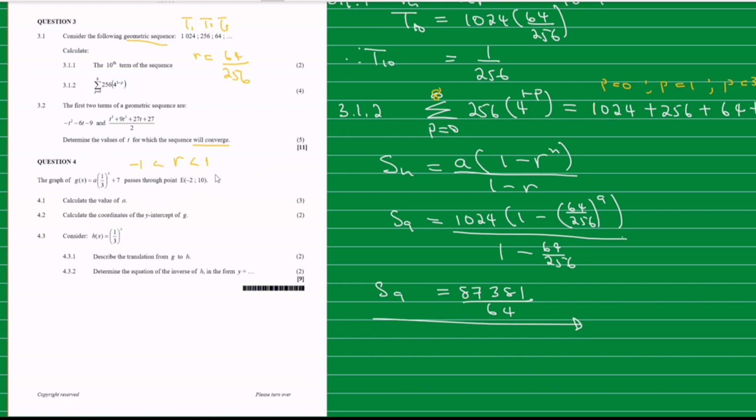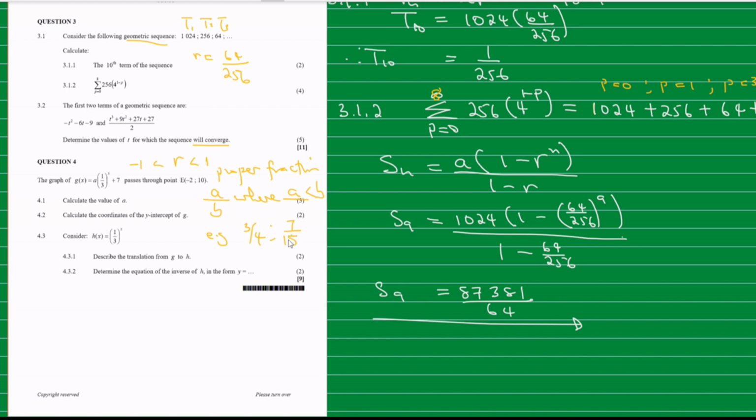A proper fraction is a fraction in the form a over b, where a is less than b. In other words, a is a number smaller than b. For example, you can have 3 over 4, you can have 7 over 15.